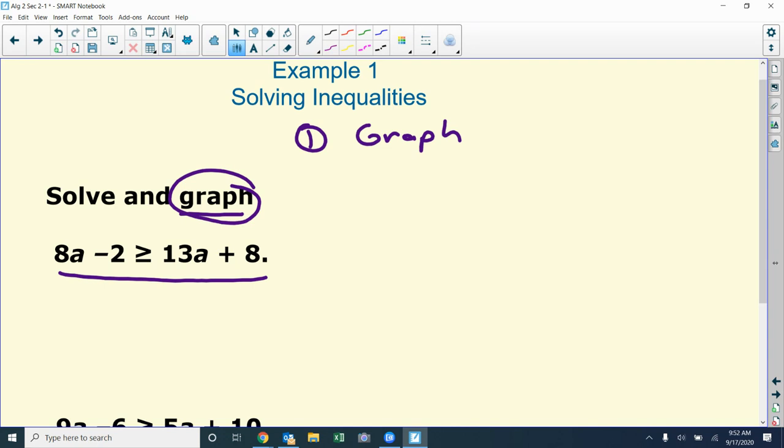When it's one variable, that's a number line. It's different than a Cartesian coordinate system, x, y. You have two variables. Does everybody understand that? Also, we can do set builder, and we can write it in interval notation too.